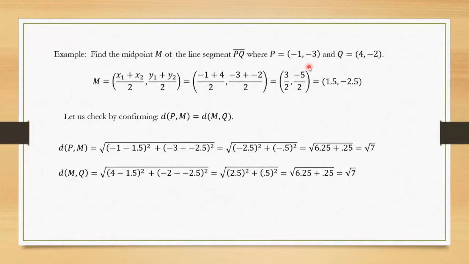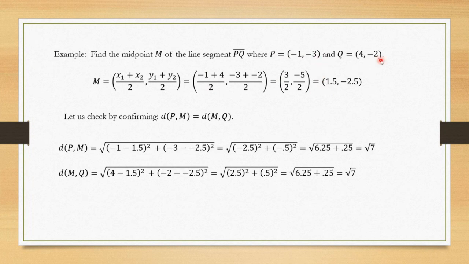Same idea. Let's get the midpoint of the line segment connecting P and Q together. Now, again, what do we do? We add the x-coordinates and divide by 2. So we have negative 1 plus 4 over 2, which is 3 over 2. And that's 1.5.